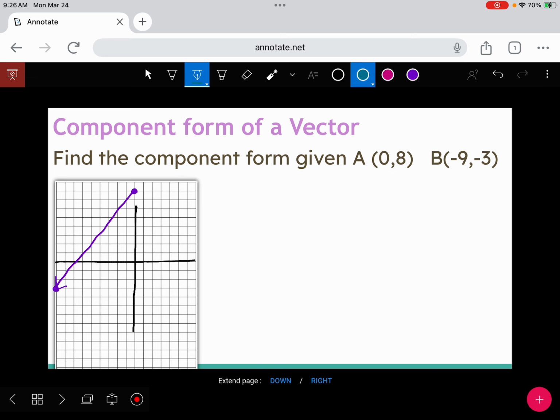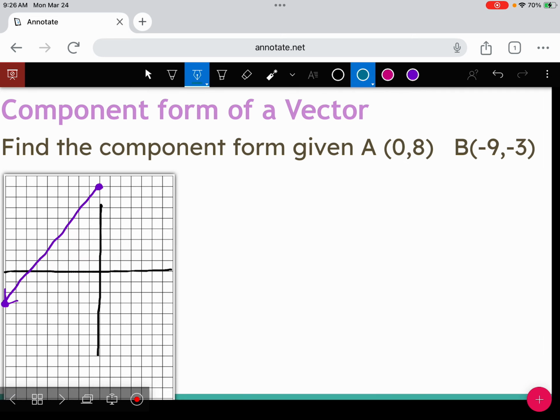And so we're trying to find our component form from the home base. So we want to find the change in our x's and find the change in our y's. The change in our x's, we're looking for how we went from -9 to 0. So -9 minus 0, we want the difference between them. So the change in x is -9.